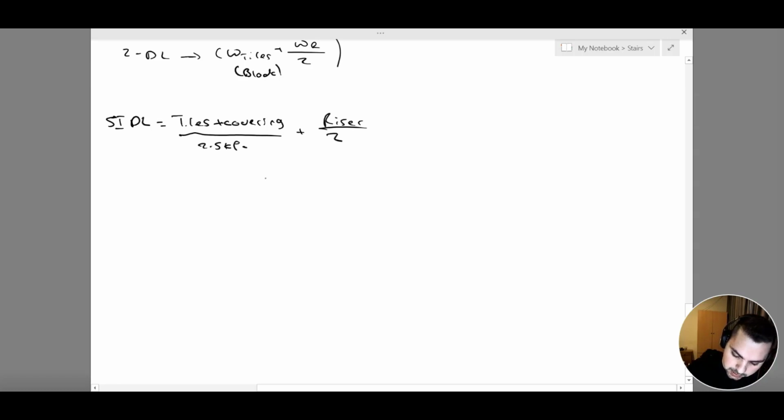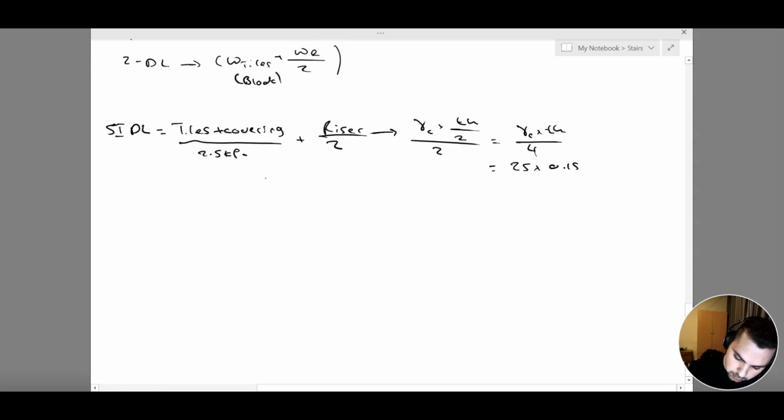Now the weight of my riser is gamma concrete, because my riser is made of concrete, times thickness over 2. So this is equal to gamma concrete times thickness over 4, which is equal to 25 times the thickness that I have, which is 0.15, over 4.